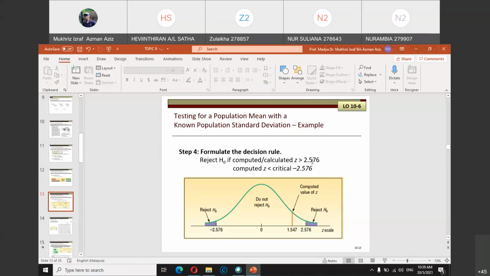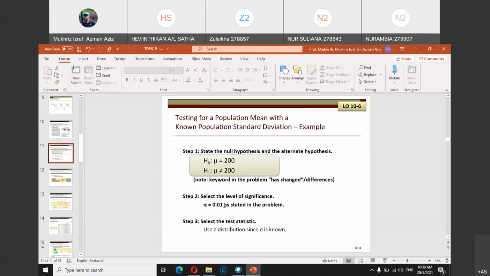So how do you get 2.576 in the first place? Again, this is actually the reverse process of confidence interval. If you recall just now, what is our level of significance? 0.01, correct, or 1%. So if alpha is 1%, your decision rule, whether you want to reject, your critical value will be based on your alpha.